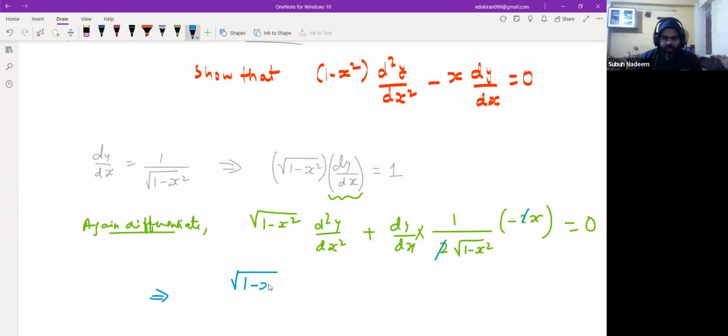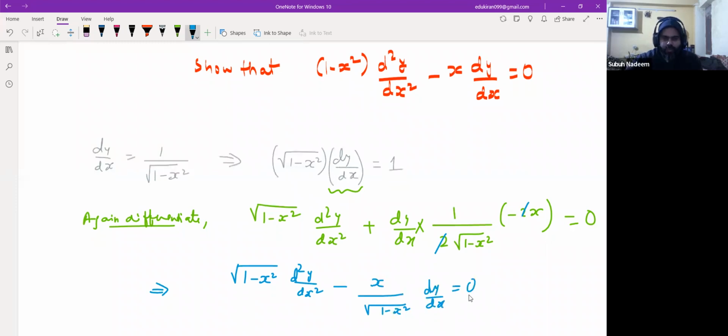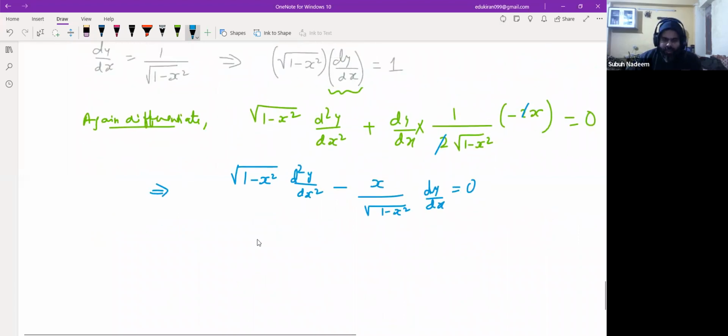Root over 1 minus x square d2y by dx square, this minus comes here, minus x by root over 1 minus x square dy by dx equal to 0. Now root over 1 minus x square, you can multiply as the LCM.